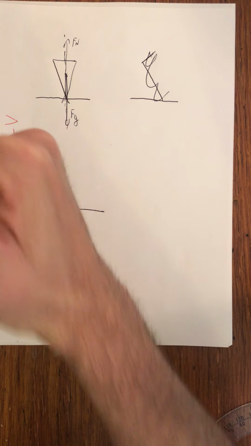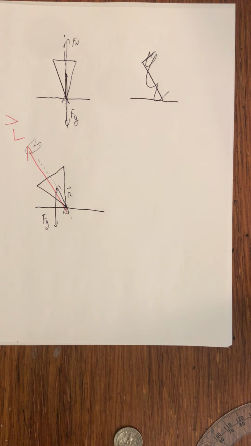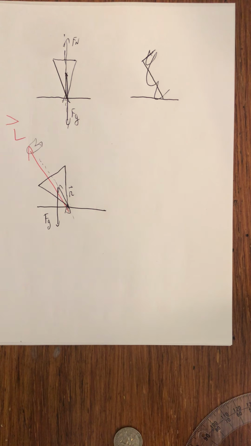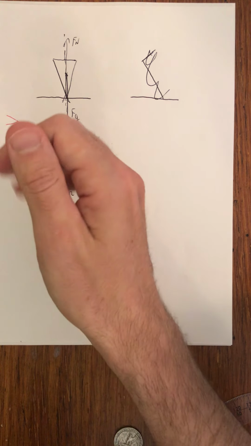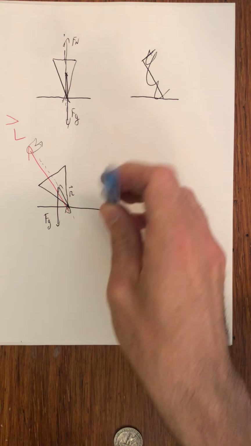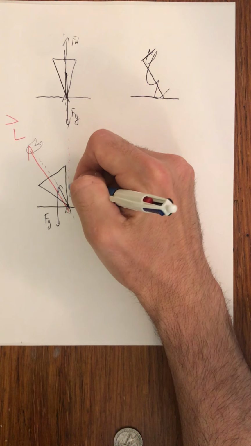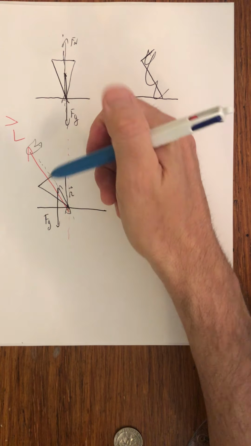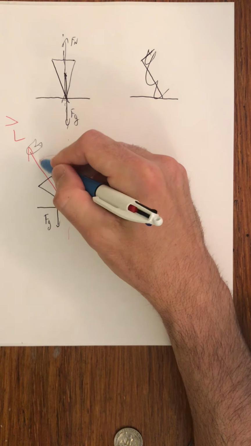This torque would be out of the page, meaning if the net external torque is out of the page, dL dt is out of the page as well, meaning that there's an addition to L, or L is changing in this direction, meaning that it is going to have to rotate about a new axis. So even as the top rotates about this axis, the rotational axis rotates in a circle, right?